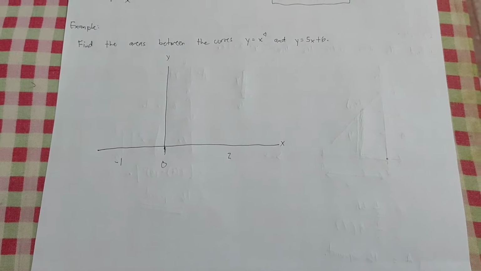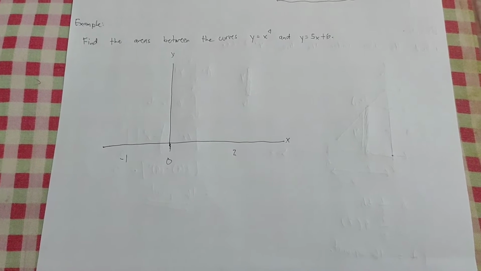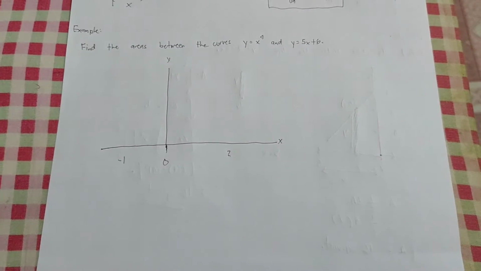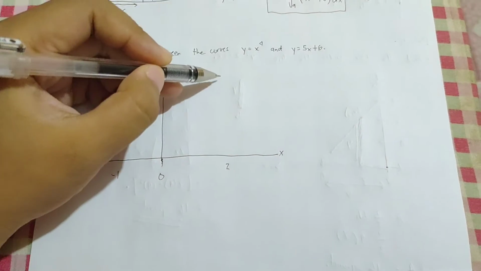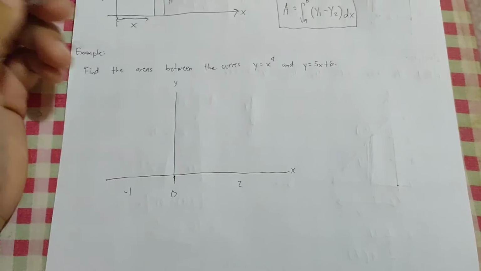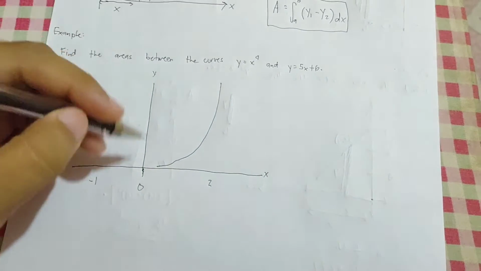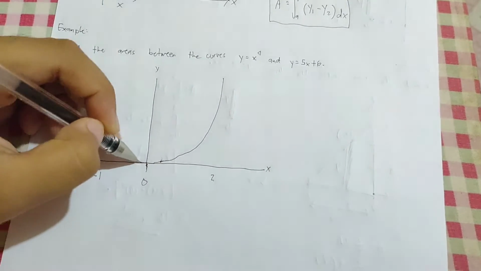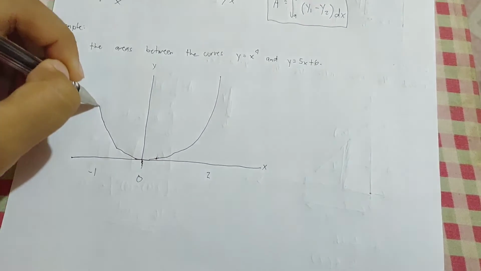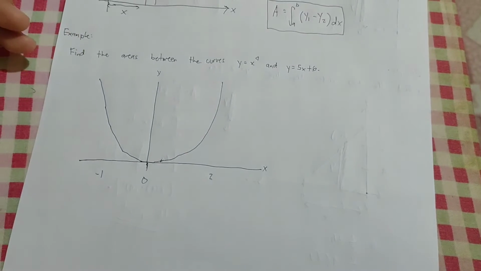To draw the graph, we all know that x fourth is a parabola. So it should be like this. I'm so sorry for the drawing, guys. It should be like this, a parabola.